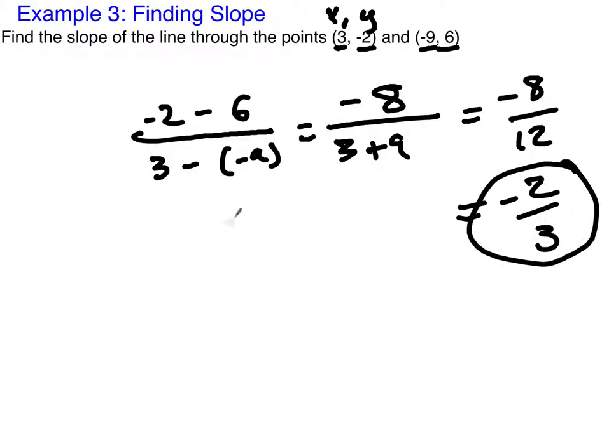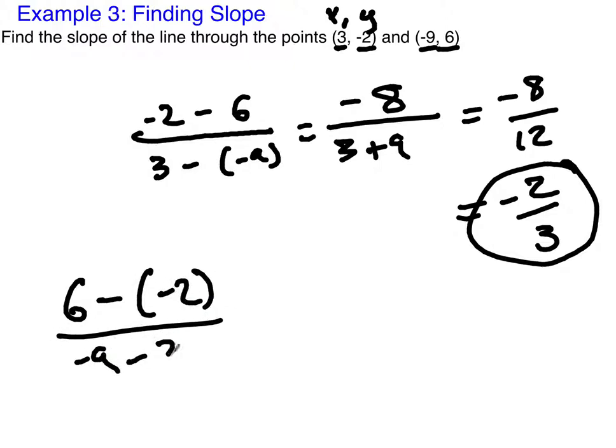This is our slope. Okay, so you might be thinking, did it matter that I did this one minus that one? I thought that it said y2 minus y1 in the slope formula. It does. Let's look at what happens if you do y2 minus y1. 6 minus -2 over -9 minus 3.